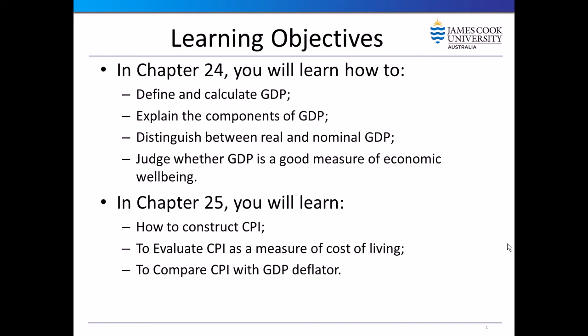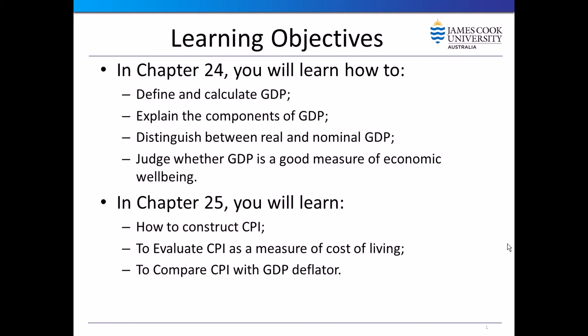And since we are looking at the economy as a whole, the natural starting point would be to have an index to measure the size of the economy, and we use GDP, gross domestic product, to measure the economy size.